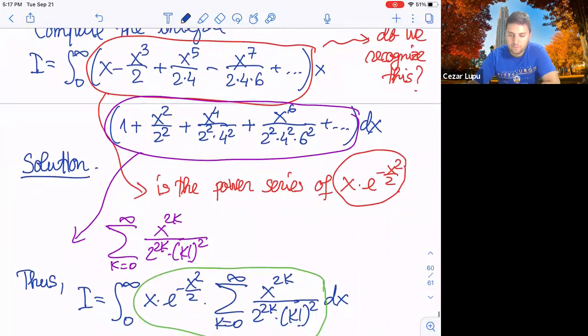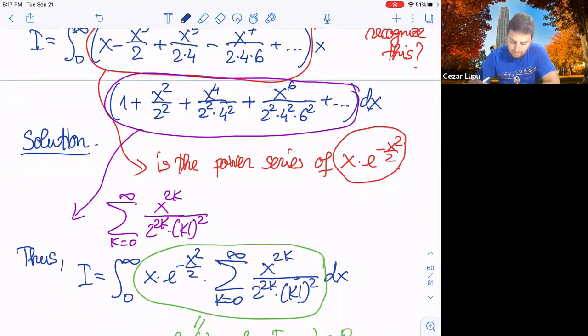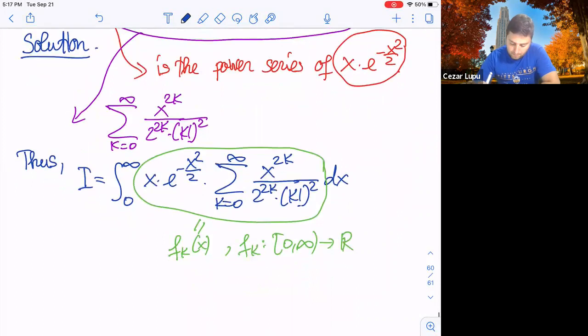All right, so we'll denote this. First, my intention is to use the dominated convergence theorem for improper integrals, right?